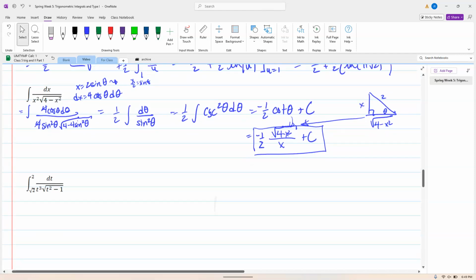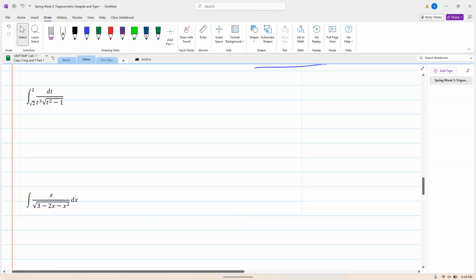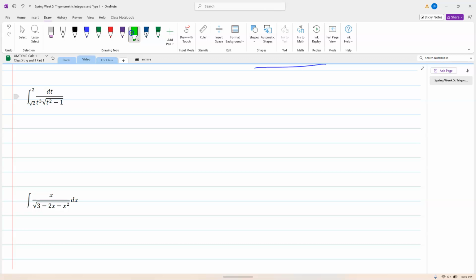All right, last two examples, I'm not going to work them out fully. I'm just going to kind of get you started and then let you finish them. This one, the big thing to look out for is that square root of t squared minus 1 in the denominator.